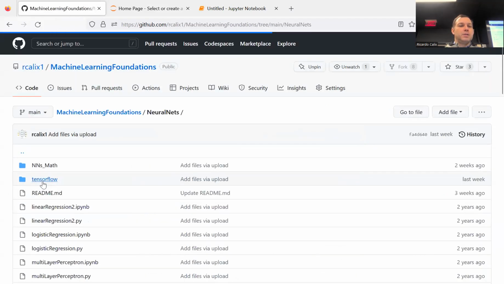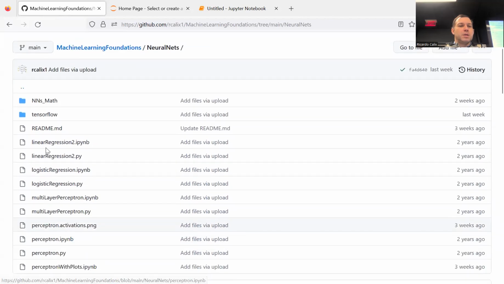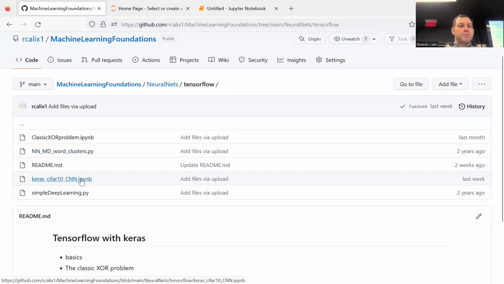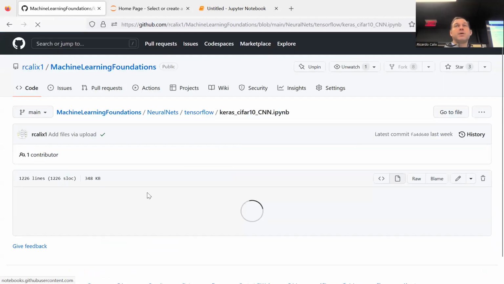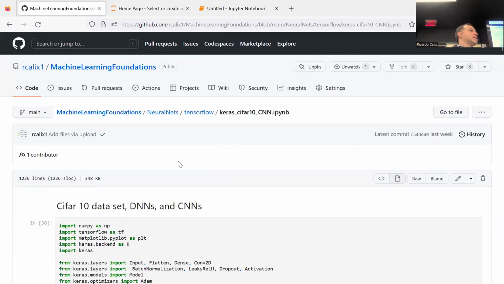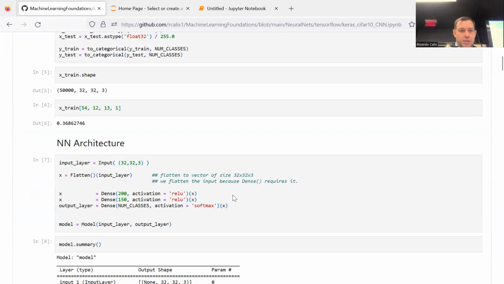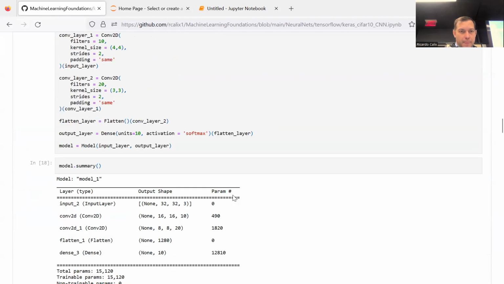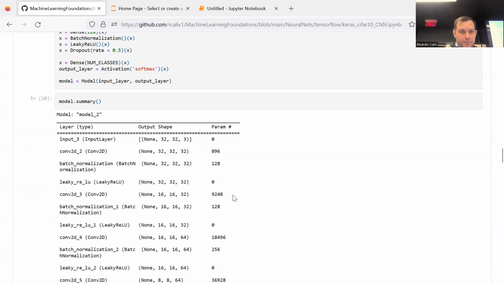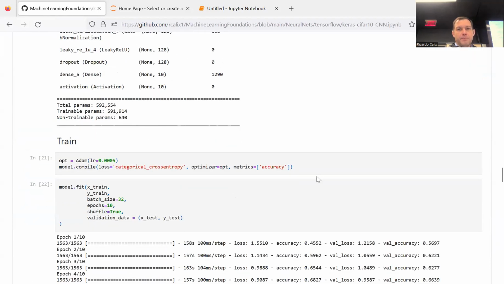We did this, Keras and CIFAR-10. That's the latest that we have. And all of this that I've been talking about falls into this. Everything that I've been talking about.